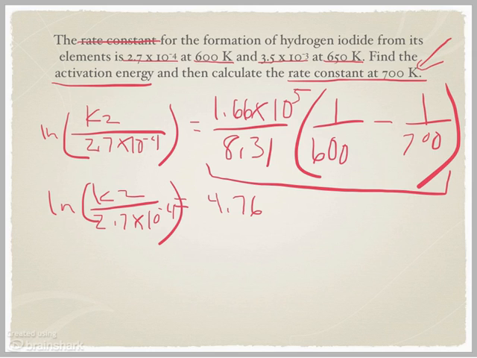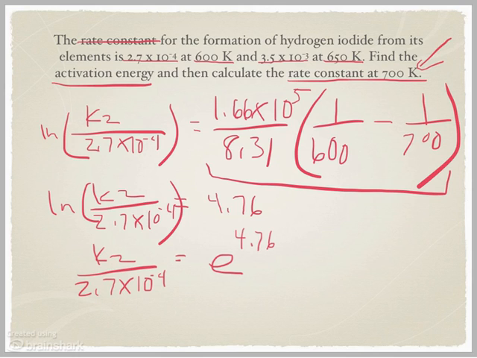You'd end up with K2 over 2.7 times 10 to the negative 4 on this side, equal to e to the 4.76. If you continue with this math, you end up with K2 equal to 0.0314.